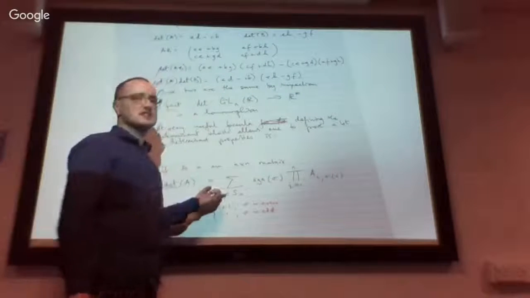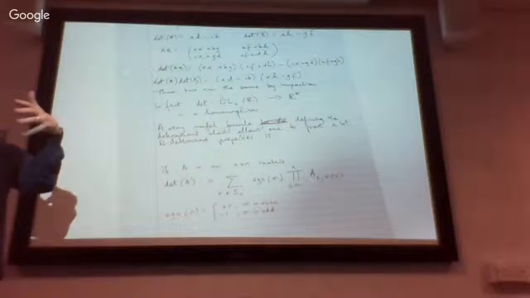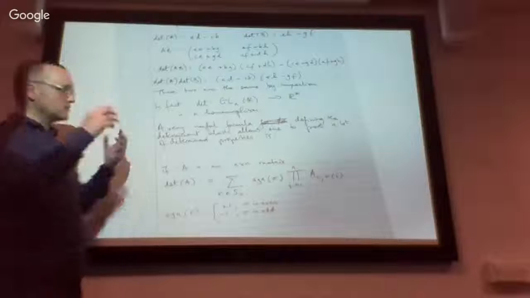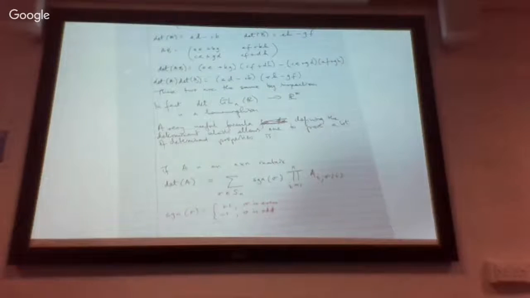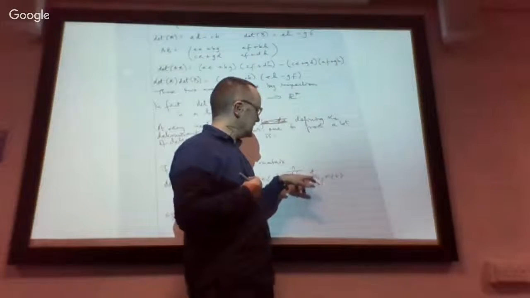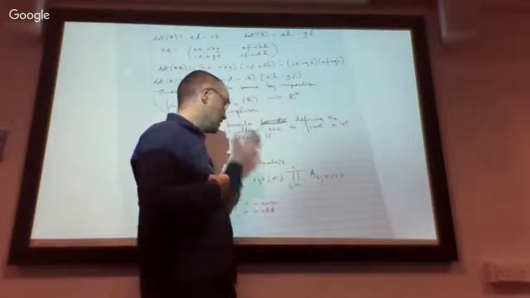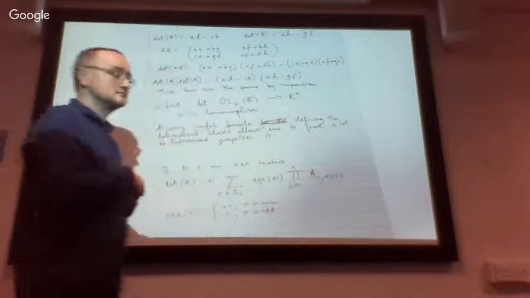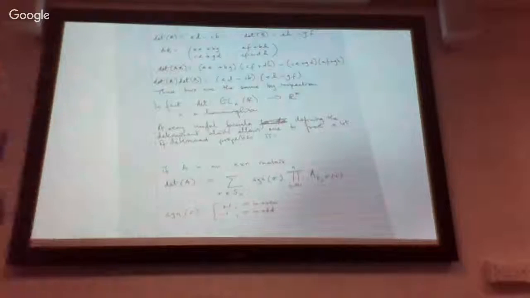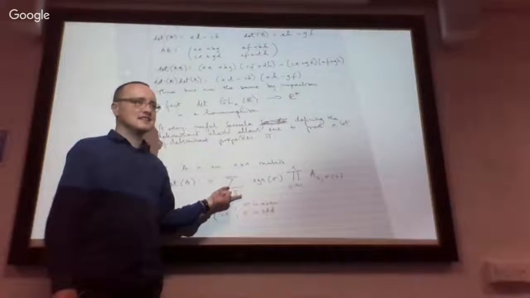Remember, sigma is a permutation, so it's a bijective mapping from the labels 1 to n to the labels 1 to n. So you can think of that as a bijective mapping from the rows of the matrix to the columns of the matrix. You select the entry from the ith row and the sigma(i)th column, and multiply them all together across all the rows. And you sum over all products like that.